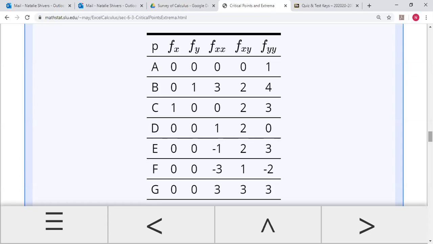All right. So on my chart, it said fx was 0, fy was 0, fxx is 0, fxy is 0, and fyy is 1.